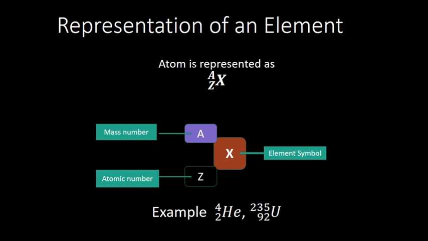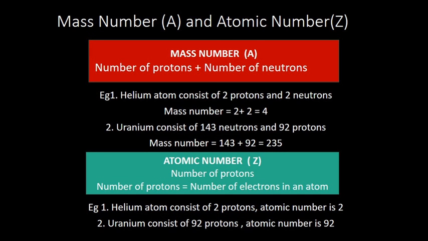For example, if you take the case of helium, mass number is 4 and atomic number is 2. So we represent it as He, that is the element symbol, with 4 and 2. Now what is mass number? It is the number of protons plus the number of neutrons.